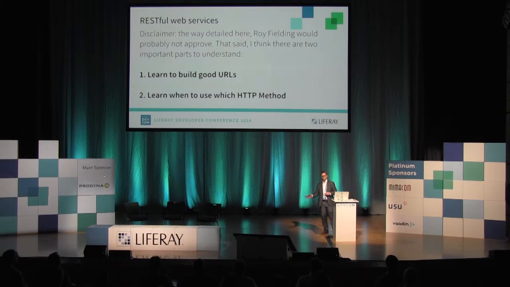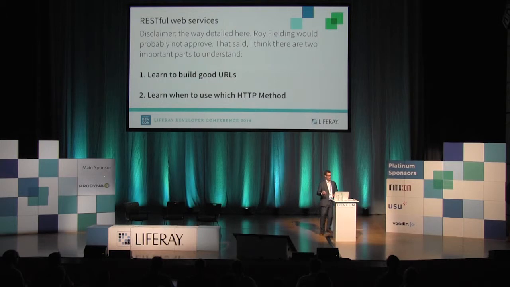I'm going to ignore some parts. In his point of view, REST service should be self-describing. I'm going to ignore that. His view of REST service says it should be independent of the kind of transportation. We are just talking about HTTP, and I'm not going to talk about the representation of resources, JSON or XML at all.